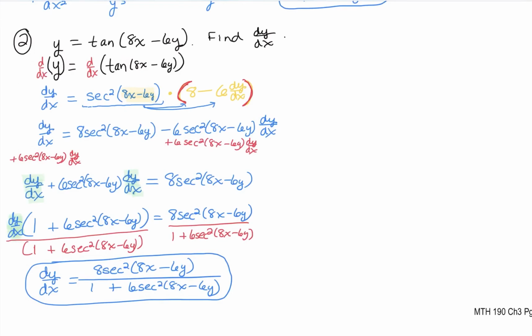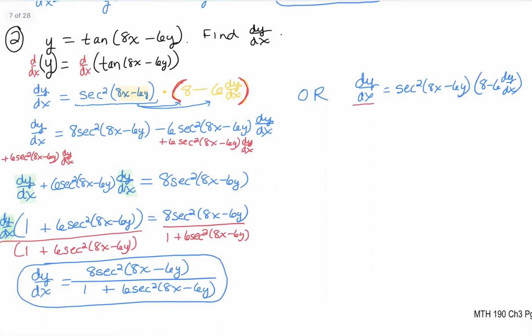Now, your other option would have been, at this step up here, if you wanted, you could have said, what about if my goal is to get into that set of parentheses? How about I just divide by that quantity that is in front of that set of parentheses? So you could have gone with that.